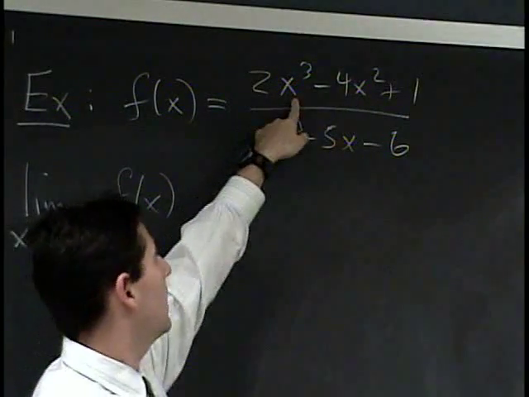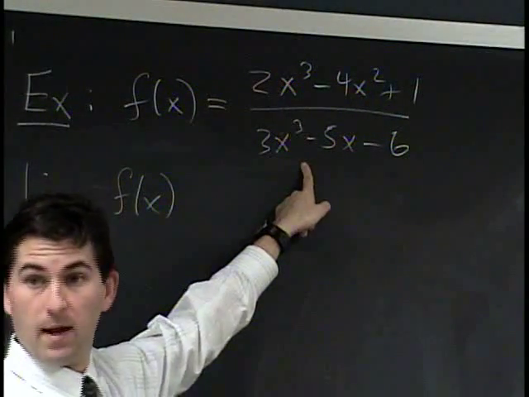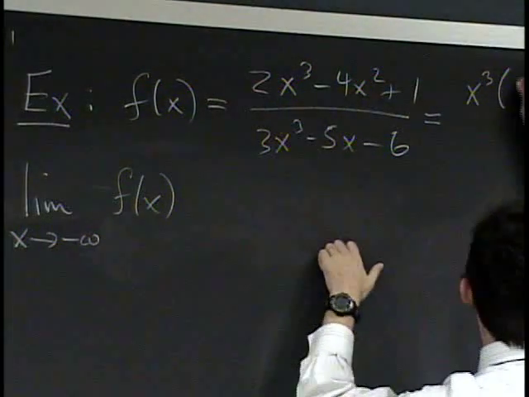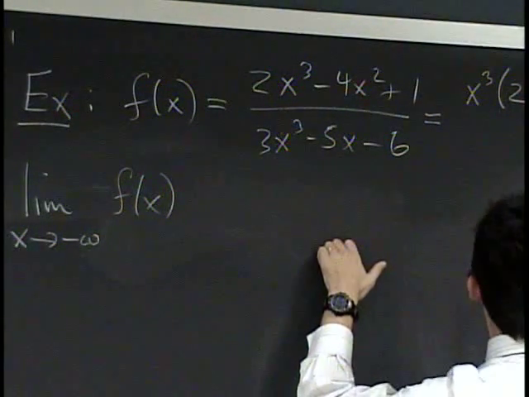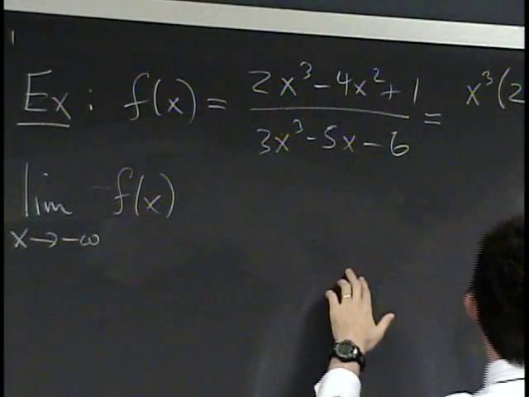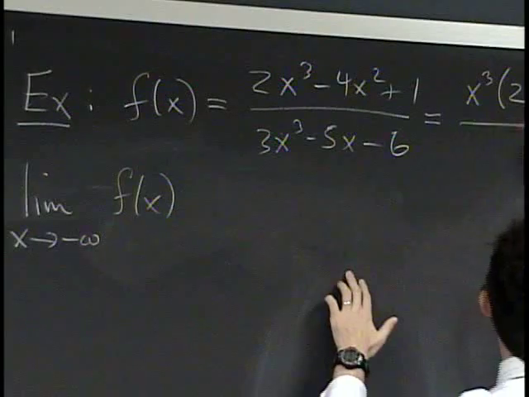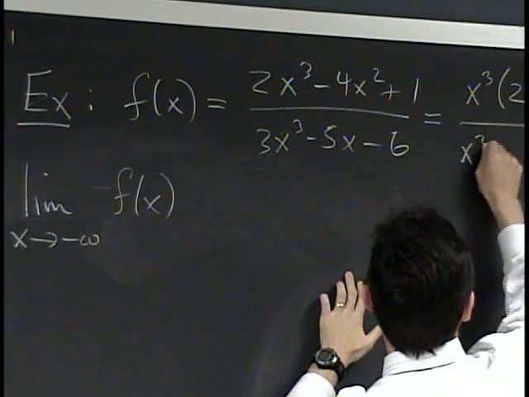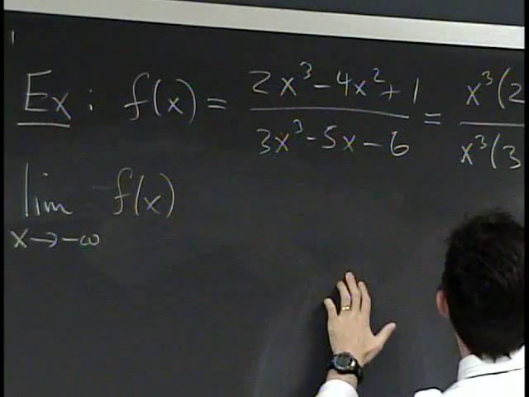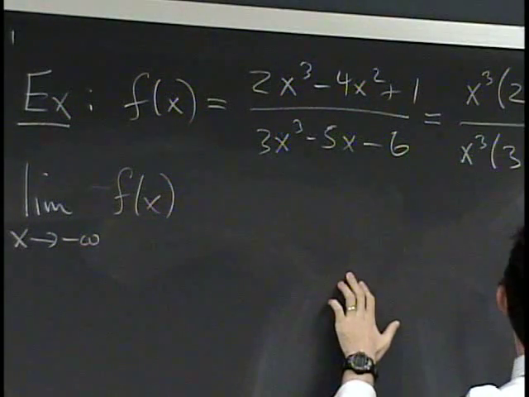Or you could factor out an x cubed from the top and the bottom. So you could write this as x cubed times (2 minus 4 over x plus 1 over x cubed), over x cubed times (3 minus 5 over x squared minus 6 over x cubed).